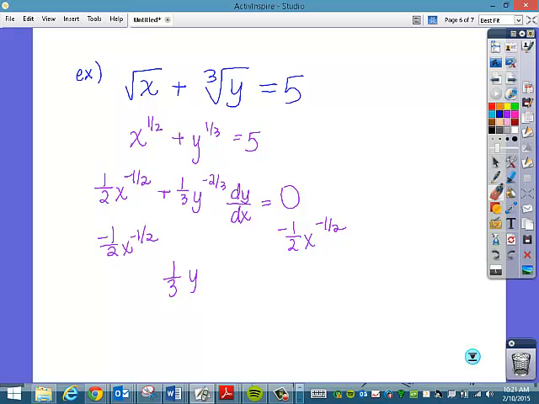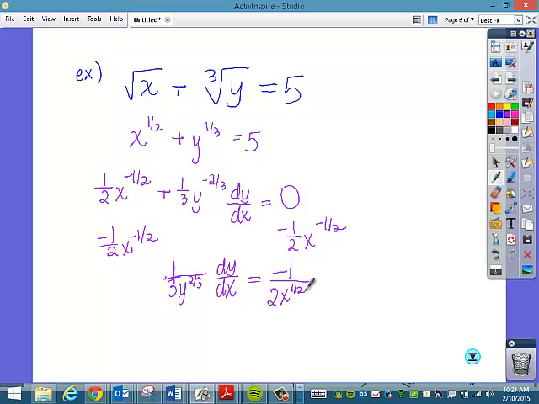If y'all are cool with that, I'm going to send that to the denominator all in one step. So remember, if you have a negative exponent, you need to send it to the denominator to get rid of it. So this is y to the 2/3 in the denominator, dy dx equals, and the same thing over here. I'm going to send this to the denominator as well. Negative 1 over 2x to the 1/2.